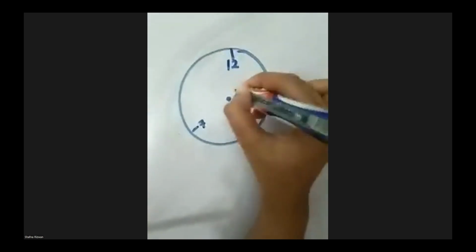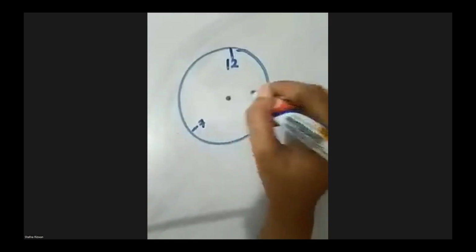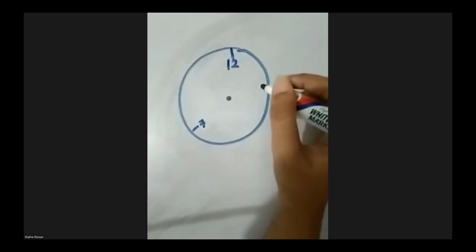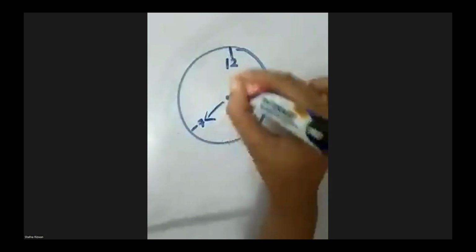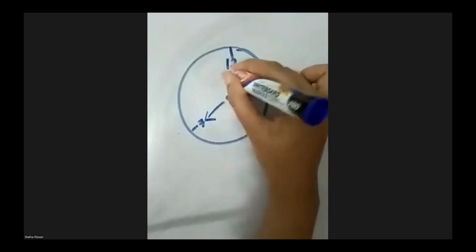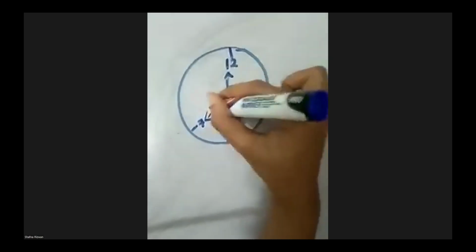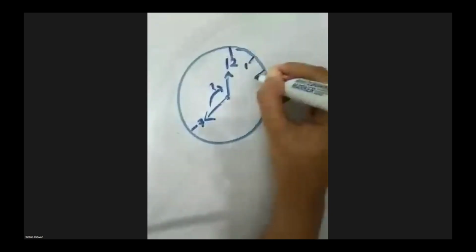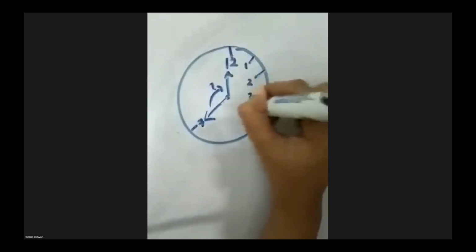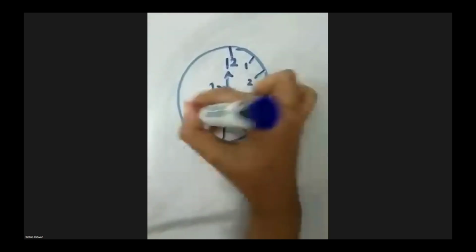So in the clock, they are having 7 o'clock, it seems. 7 o'clock means where will you all keep your hour hand? Hour hand means that big one. It will come here. And your minute hand will come here. Right, then only it will become 7 o'clock. Now when you have it like this, can you all see you are having an obtuse angle here?